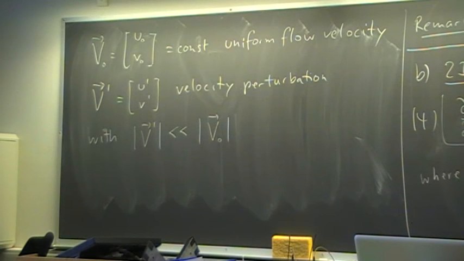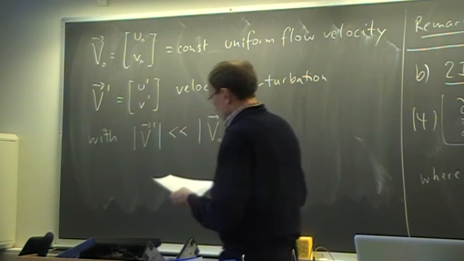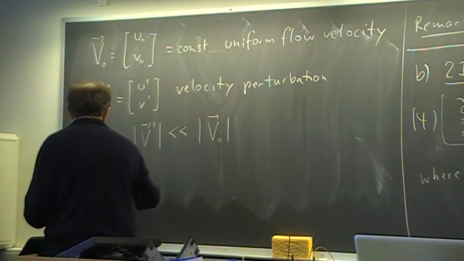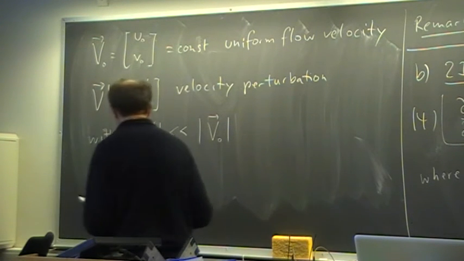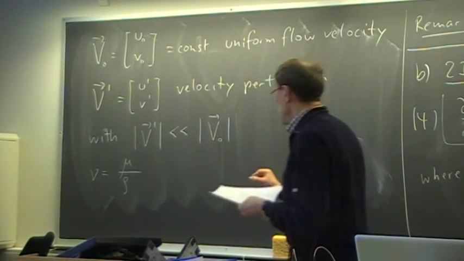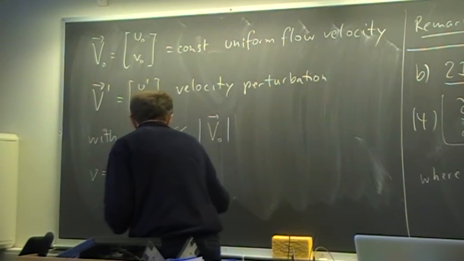That means also that each component, u prime and v prime, is much, much smaller than the uniform flow velocity modulus. And the nu that is appearing, that is, as you know from fluid mechanics, the ratio of the dynamic viscosity and the density, that is the kinematic viscosity.